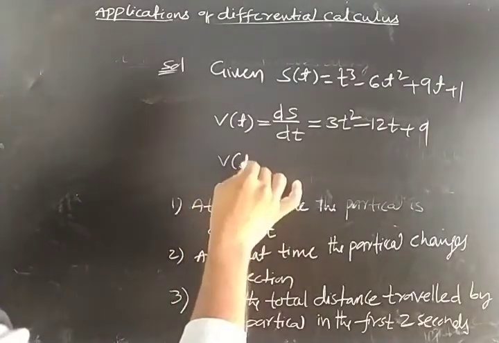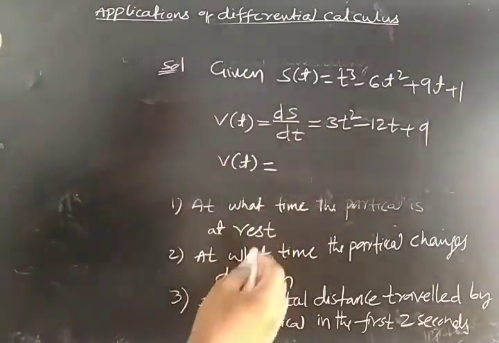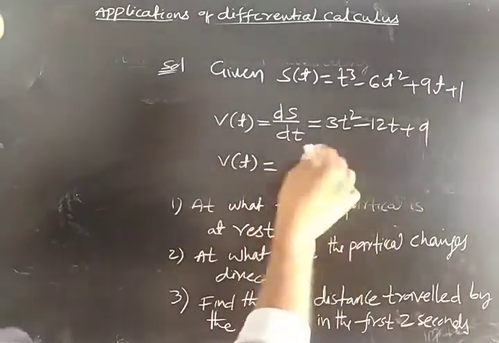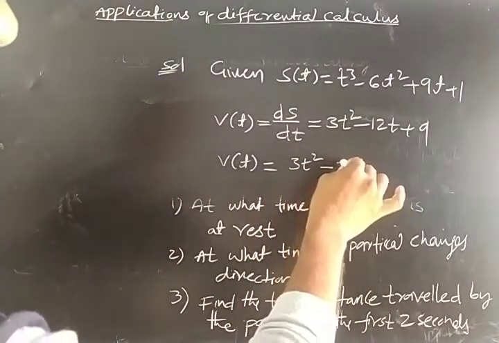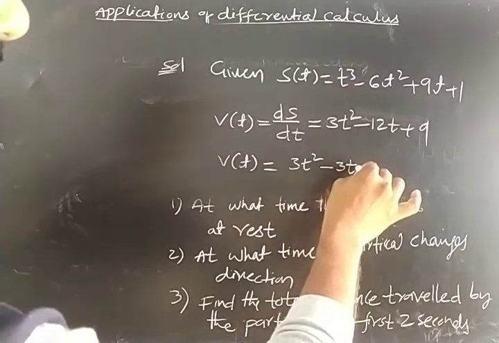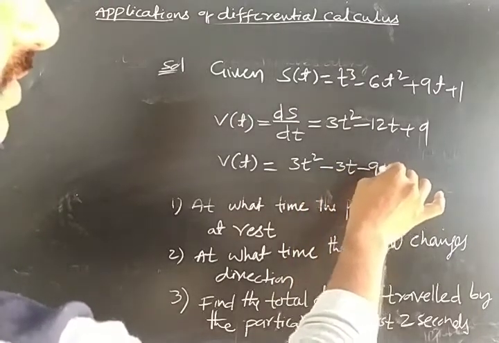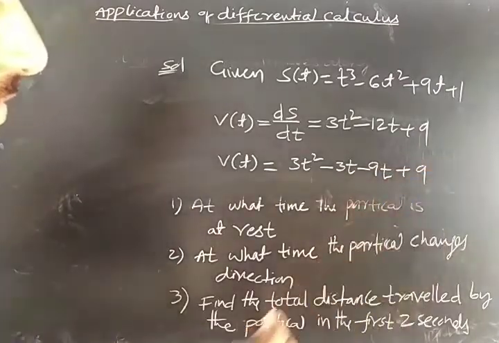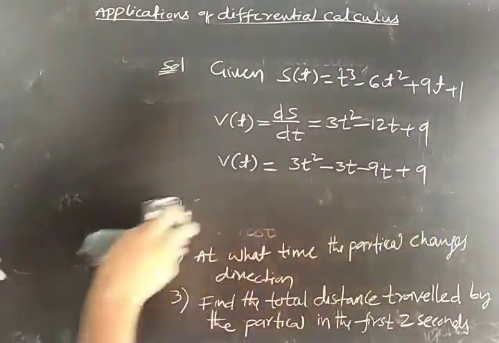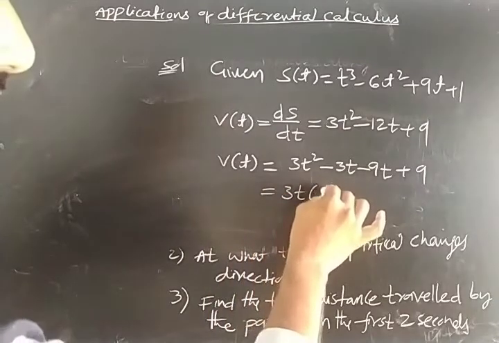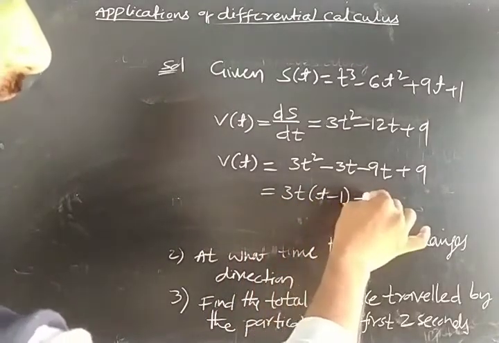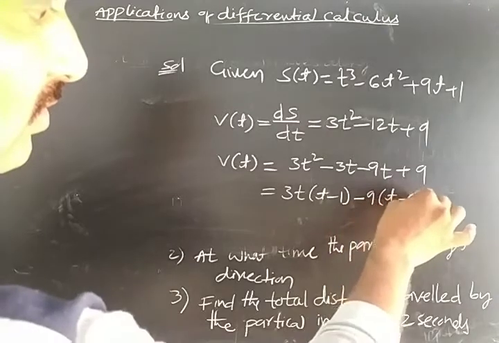Velocity v of t equals 3t square minus 12t plus 9. I am splitting it into factors. By taking 3t common, here you will get t minus 3, and by taking 3 common, t minus 1.